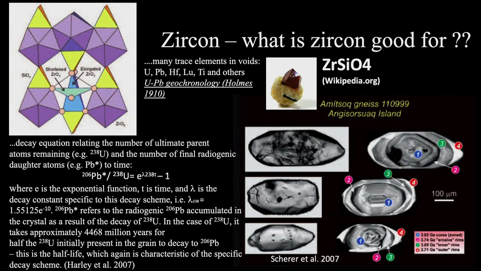So we have the thermal conditions of the crystallization. And what else? For instance, rare earth elements, because they give us information about magma evolution. So they are really very, very important. And what else? Oxygen isotopes, because they give us information also about magma source.